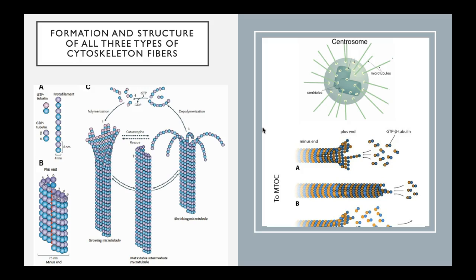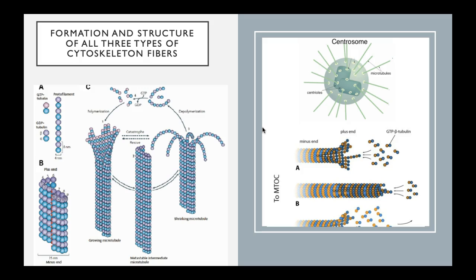So it takes 13 of these protofilaments, which can be seen right on A next to the dimers, to interact side by side to make this single hollow microtubule. Since these protofilaments are alternating between alpha and beta subunits, they have a beginning and an end, which is great because it gives microtubules polarity.